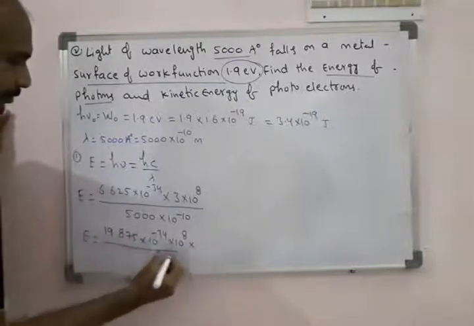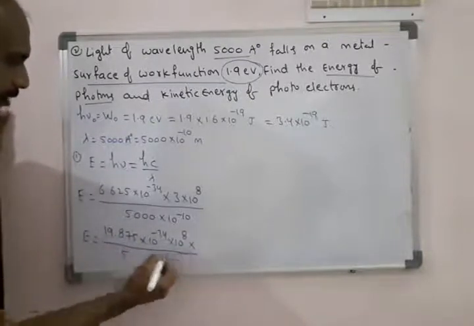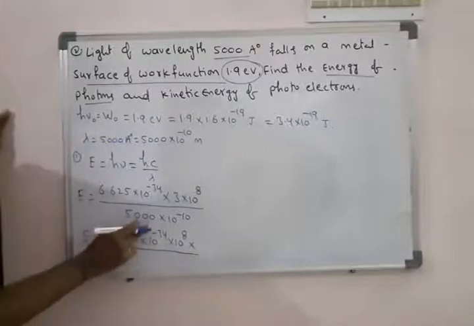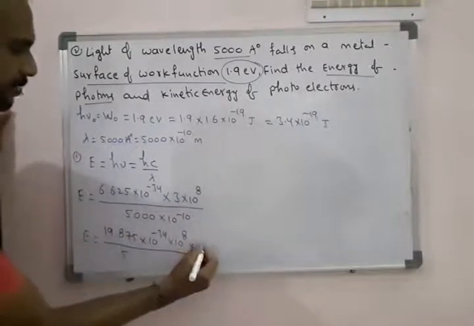Make it 5, then the power 3 minus 7 becomes plus 7.